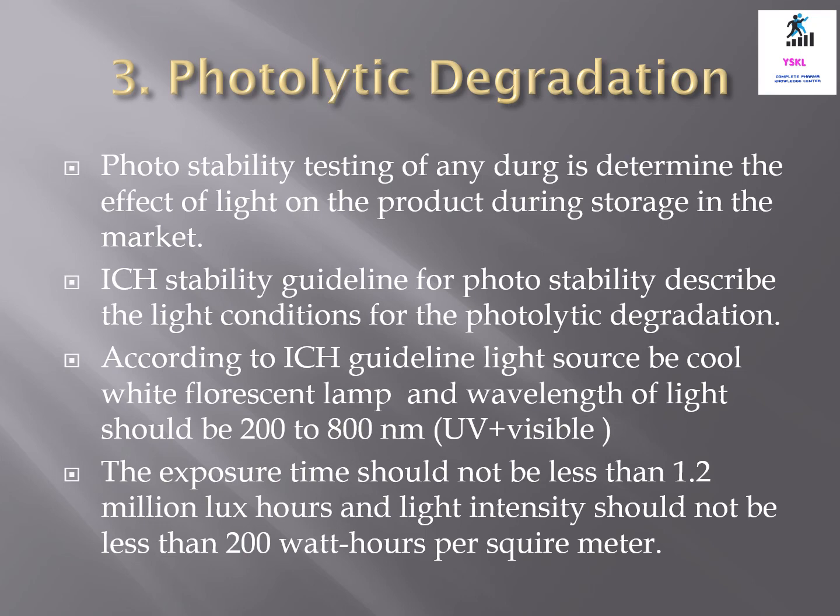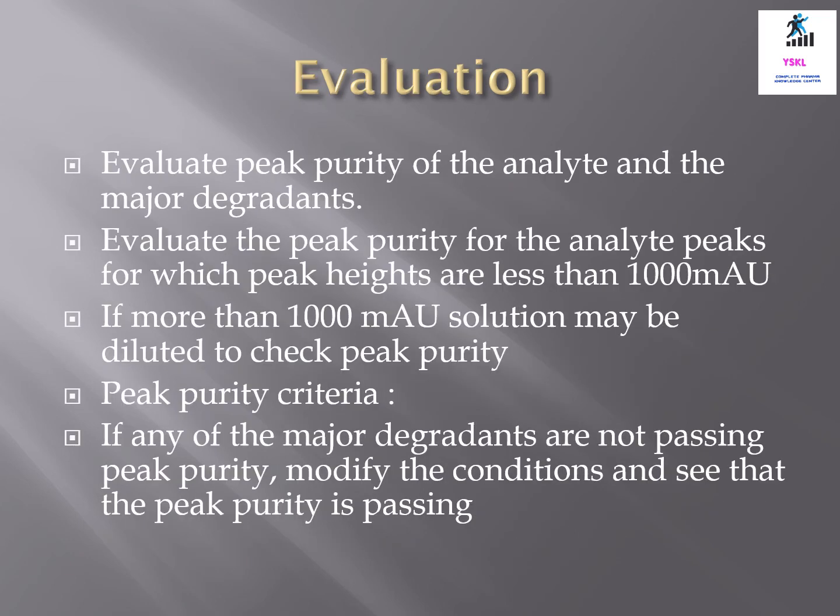According to the ICH guideline, the source should be a cool white fluorescent lamp or the wavelength should be from 200 to 800 nanometer. That means it must contain UV and visible range. The exposure time should not be less than 1.2 million lux hours and the light intensity should not be less than 200 watt hours per square meter.